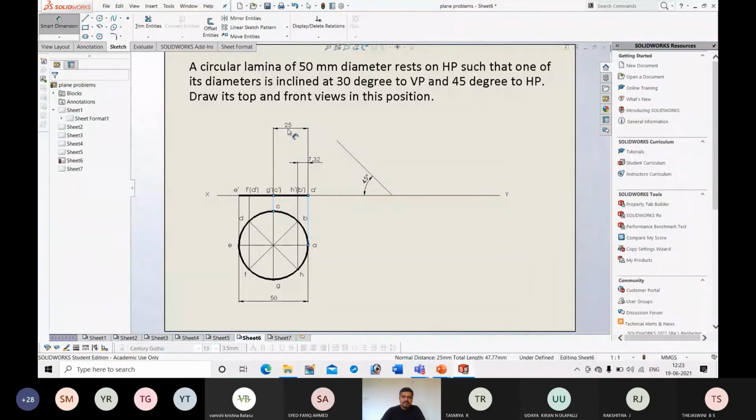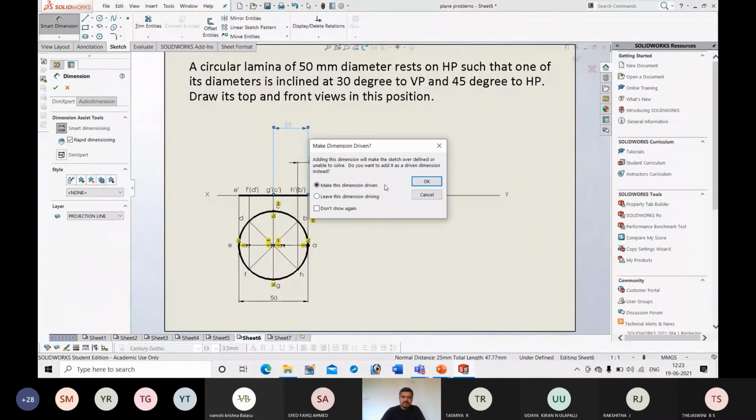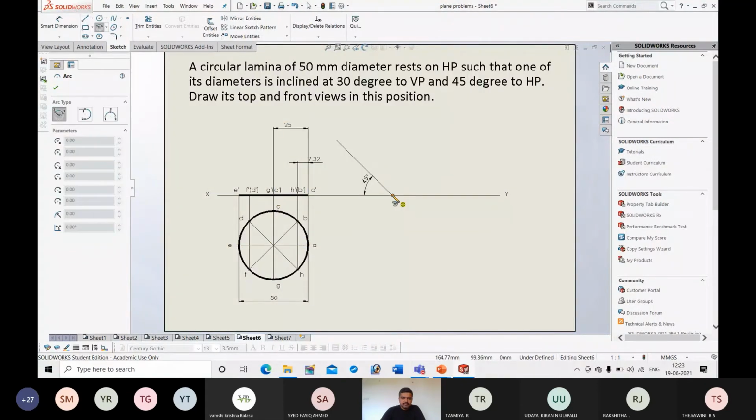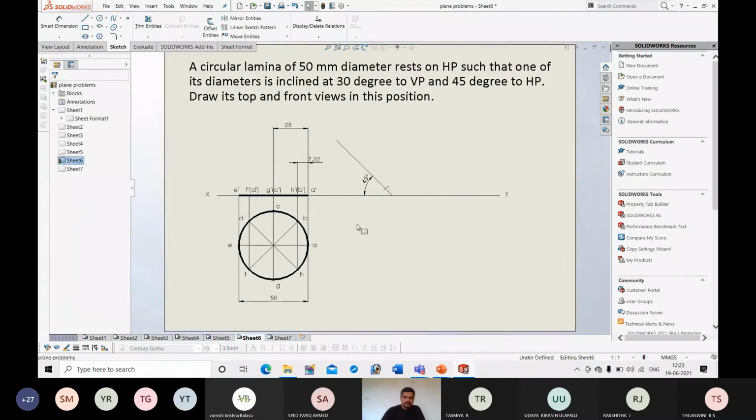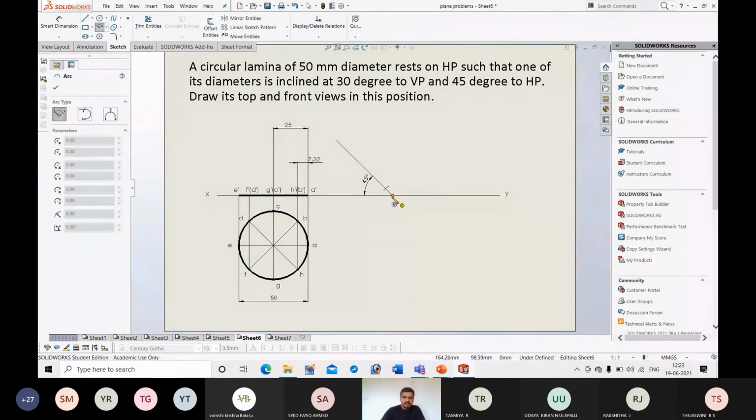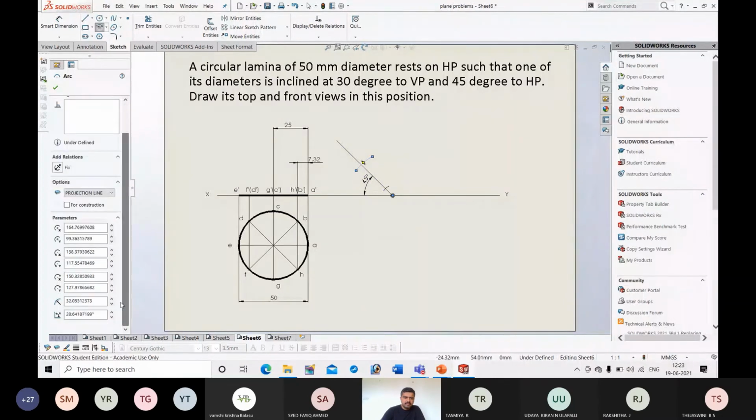Okay, since it is at the center, it will be 25. Now I will use the center point arc. That means you should use the compass. The radius is 7.32. Next, again A center, 25 radius, 25 mm.